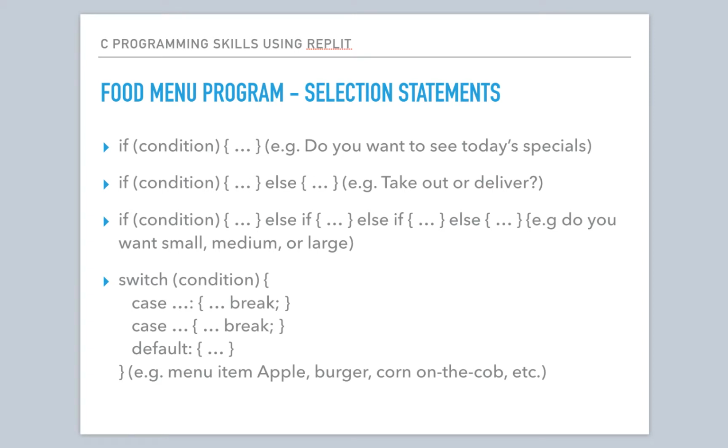If you select the letter C, you select corn on the cob, and so forth. So your switch statement could be switching on which letter you selected. Did you select the letter A, or the letter B, or the letter C, and so forth. This way it simplifies things when you've got lots of conditions you want to check for. You can put them all in what's called a switch statement.